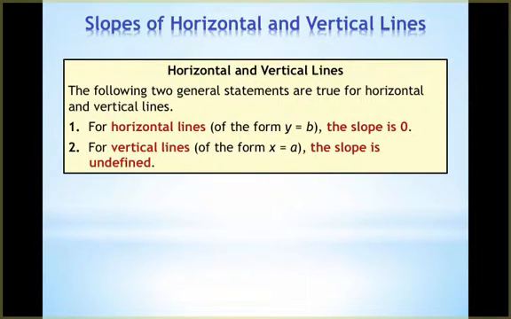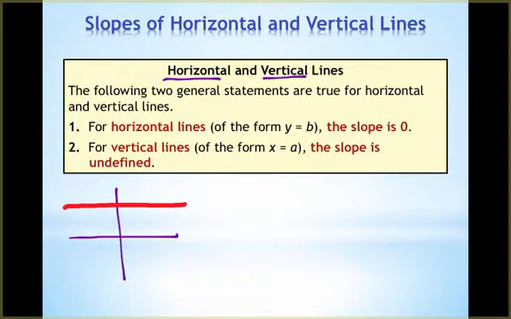Now we need to talk about what happens when you have horizontal and vertical lines, because those are special cases of slopes. So let's think about this graphically. If we were to have a horizontal line, so let's say that that's my line. Let's go ahead and label this as my X and my Y axis.